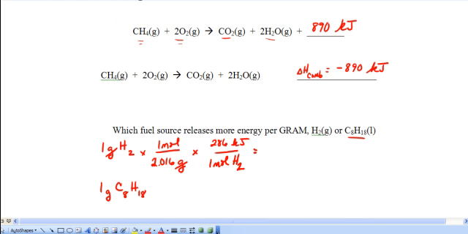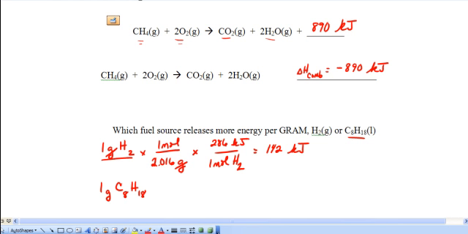So if we perform that calculation, 1 divided by 2.016 times 286, we get 142 kilojoules of energy per 1 gram of hydrogen.